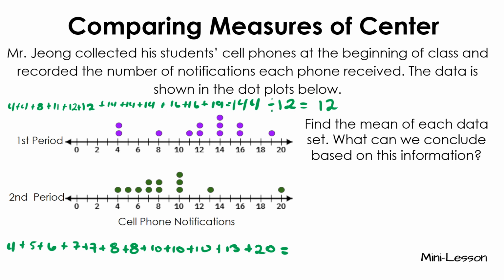That one student was very popular. Equals 108. Same number of students, divided by 12. And that means the mean here is 9. So we can conclude based on the mean only that second period on average received fewer notifications.